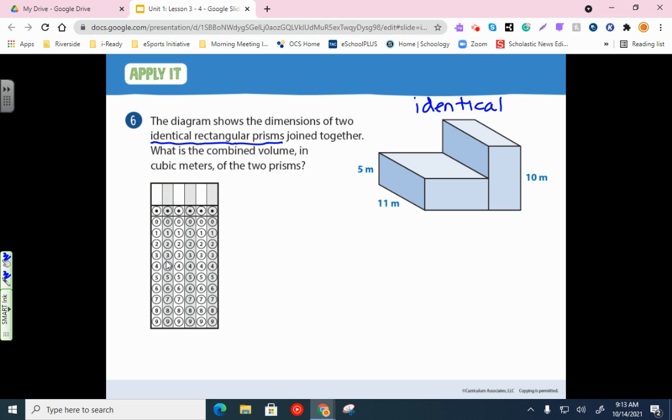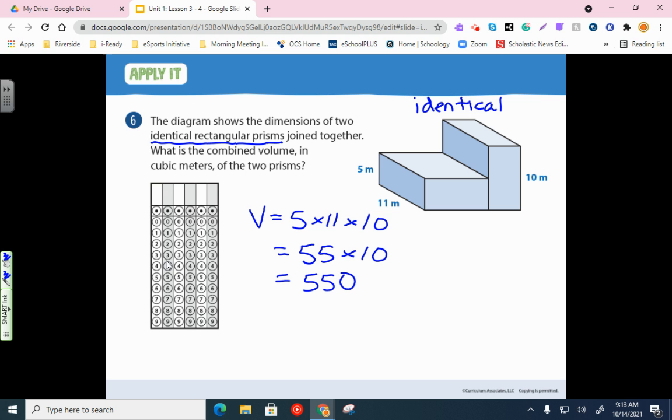We're already given all the measurements we need for this. But here's the trick to it. We do 5 times 11 times 10. And that will give me 55 times 10. When we multiply a number by 10, we just add on that 0 because it shifts it one place over in place value.